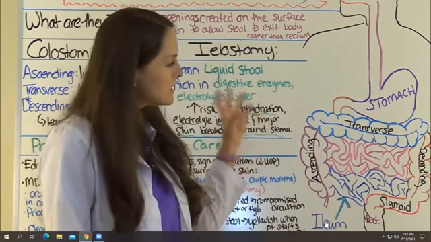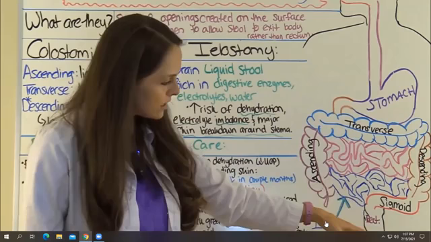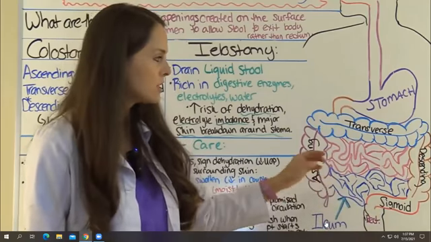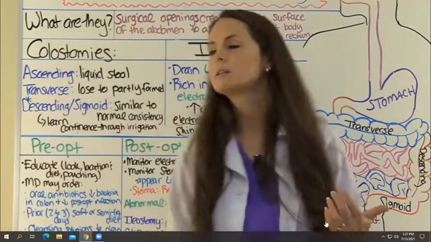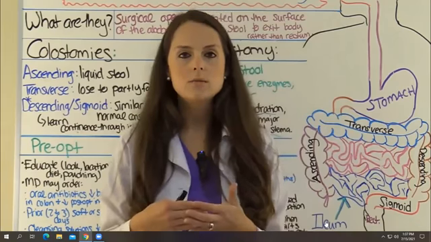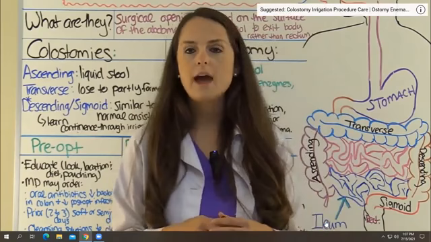So the more distal the colostomy is down in the GI tract, the greater chance of continence that patient has. And they can learn to do this through irrigation, which is just an enema given through the stoma. And I'll be making a video on how to do that, so stay tuned for that.